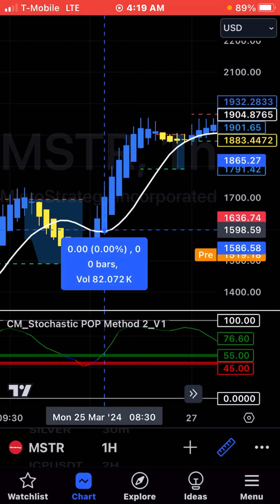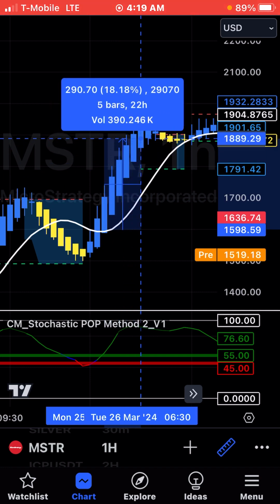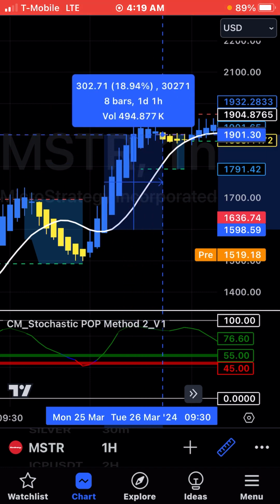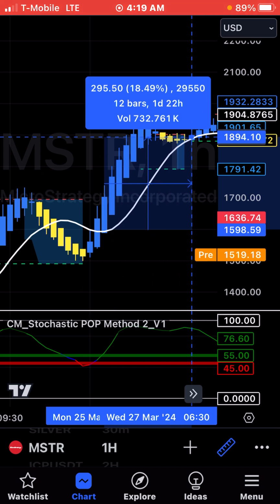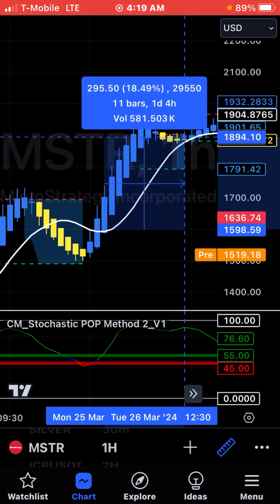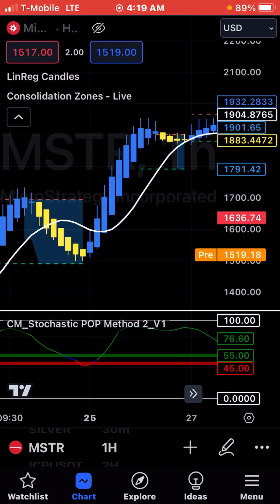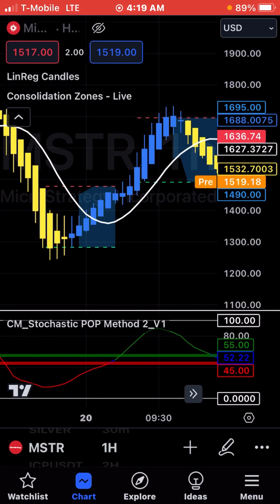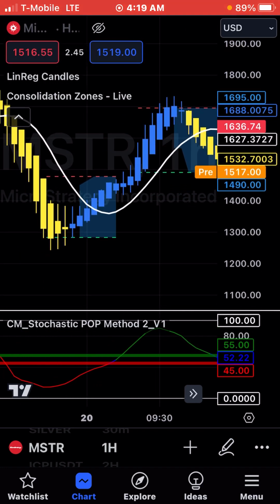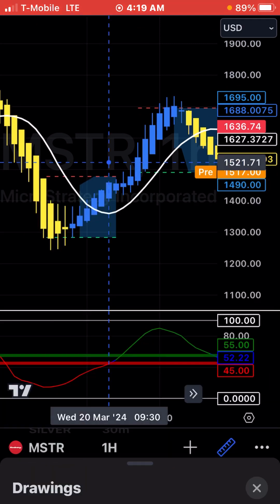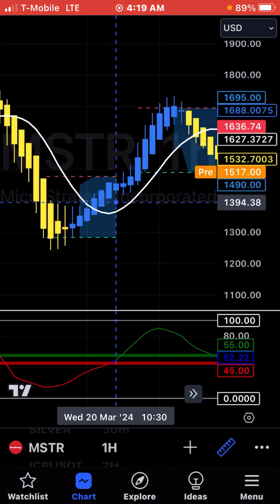You buy in right here, and you can sell at any sign of weakness. You could start selling. You see it starts touching the linear line right about here, and this is an 18% move in one day. So you can really get really good percentage gains with this. You don't necessarily have to do option contracts.